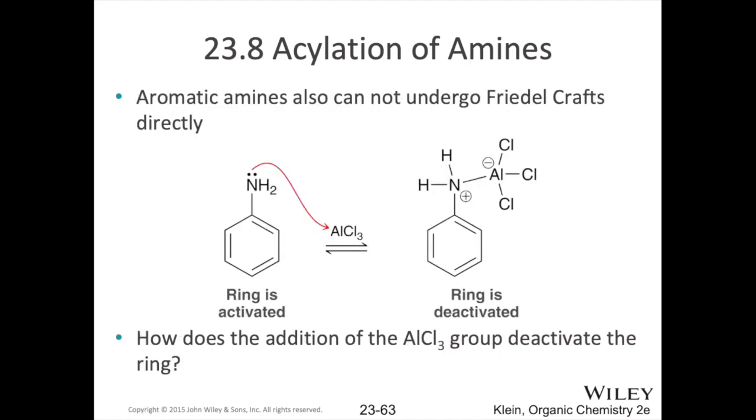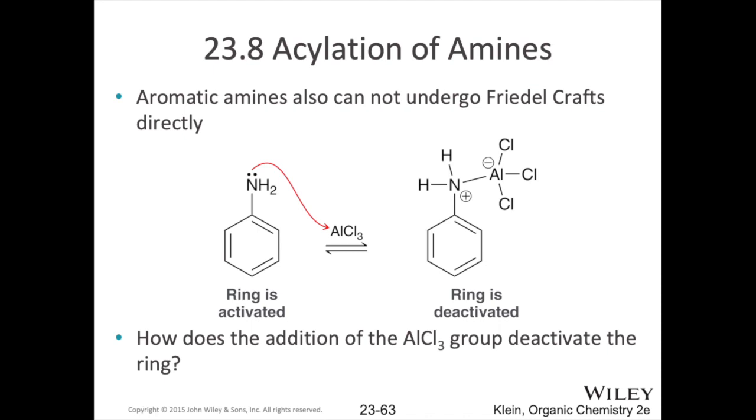If you want to do a Friedel-Crafts reaction, a Friedel-Crafts alkylation or acylation, you have to first react with aluminum chloride. But the problem with this is that it takes up the lone pair on that nitrogen, right? So you form that complex with the aluminium, and that lone pair is no longer available to activate the ring. Your amine is no longer an activating group at all.